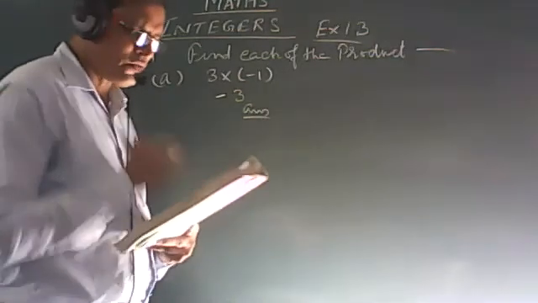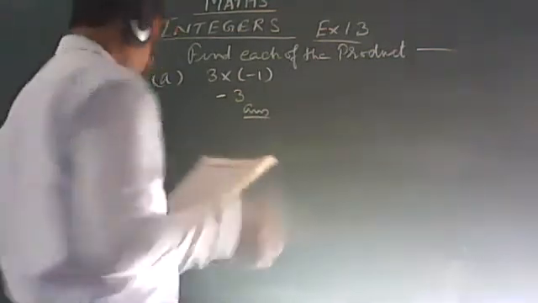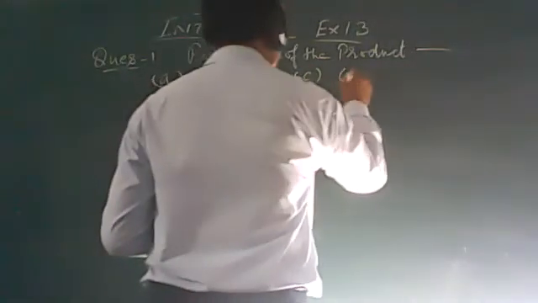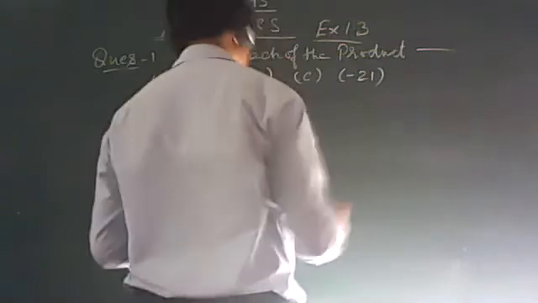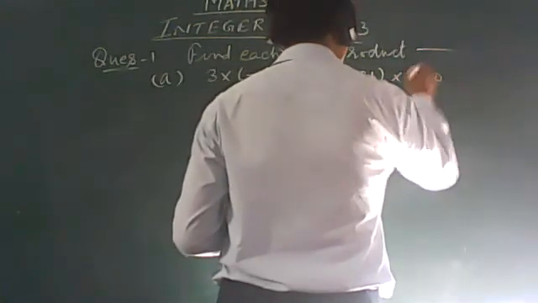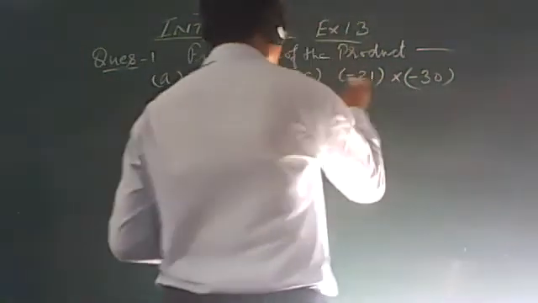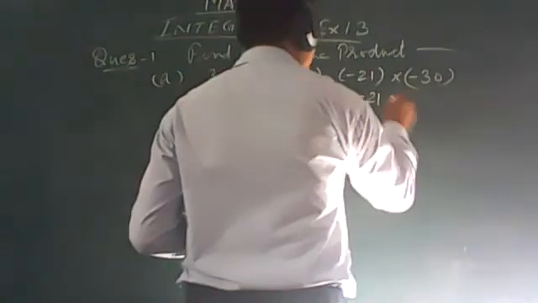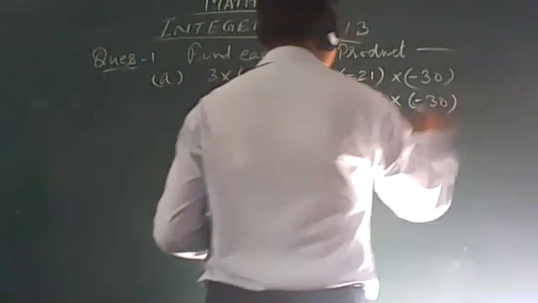Similarly, you do the second part, B. Now we complete the third part, C: minus 21 into minus 30. First we open this bracket. Here is plus, plus, minus minus 21 into minus 30. Then we multiply.